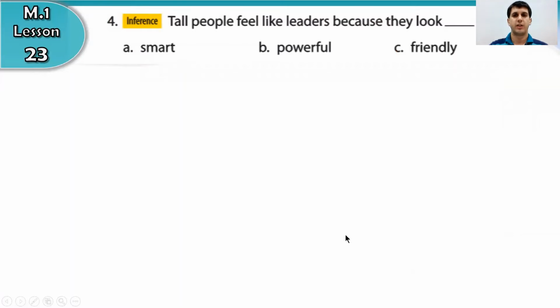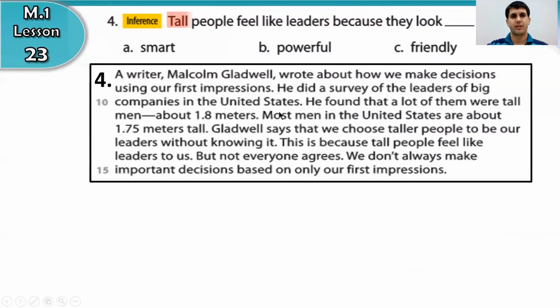Number 4, tall people feel like leaders because they look smart, powerful, or friendly. What do you think? Smart, powerful, friendly. Tall people. What do you think? Tall people feel like leaders to us.